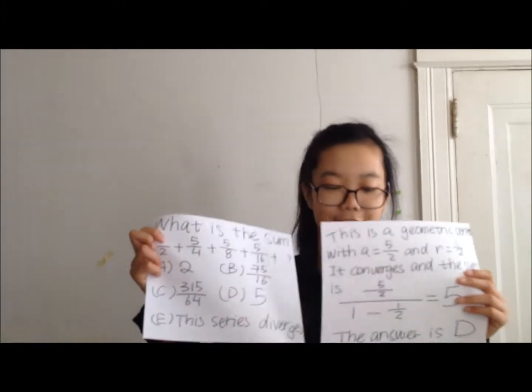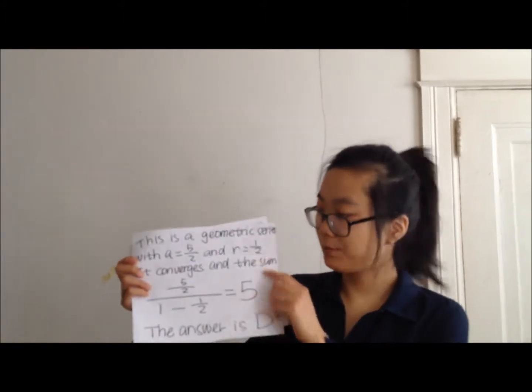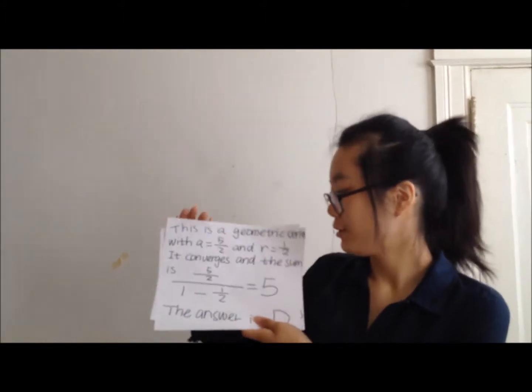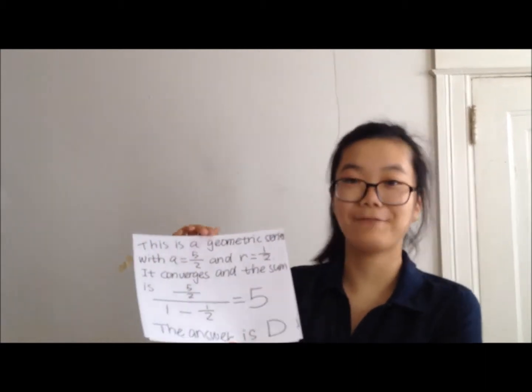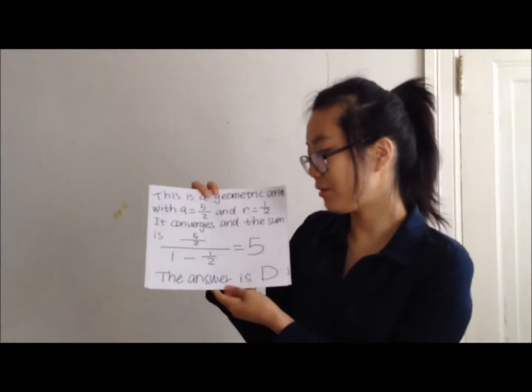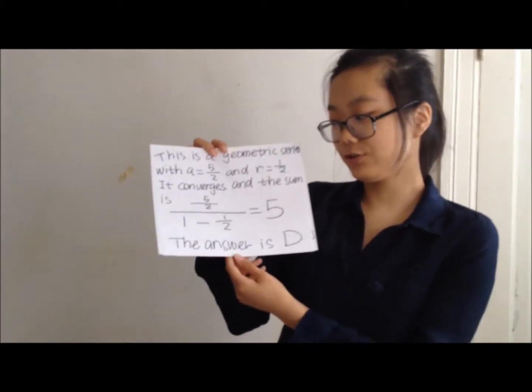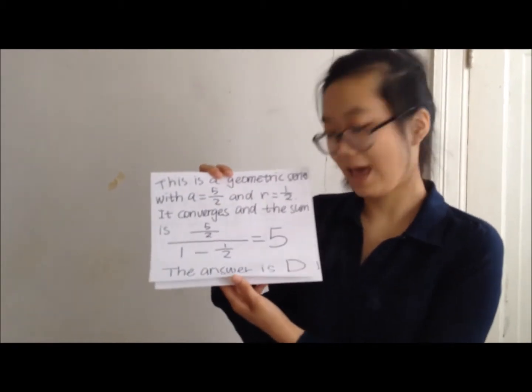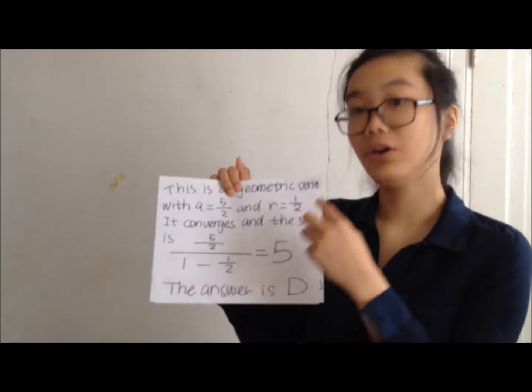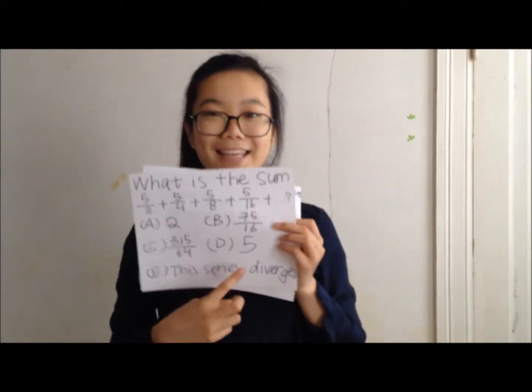We can see A is the first term, which is 5 over 2 over here. And then R will be 1/2. So it converges because 1/2 is less than 1. So the sum will be 5 over 2 over 1 minus 1/2, which is equal to 5. So we can see the answer will be D.